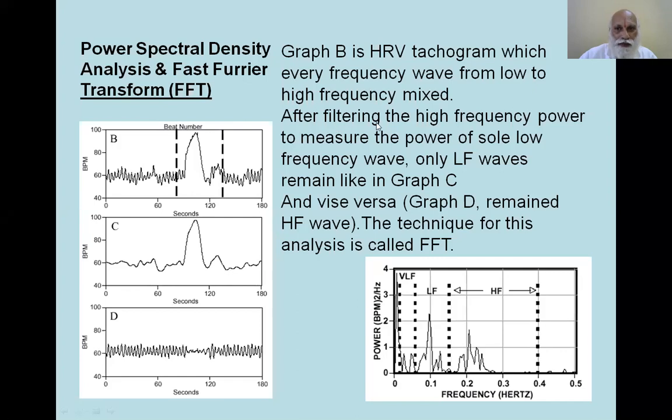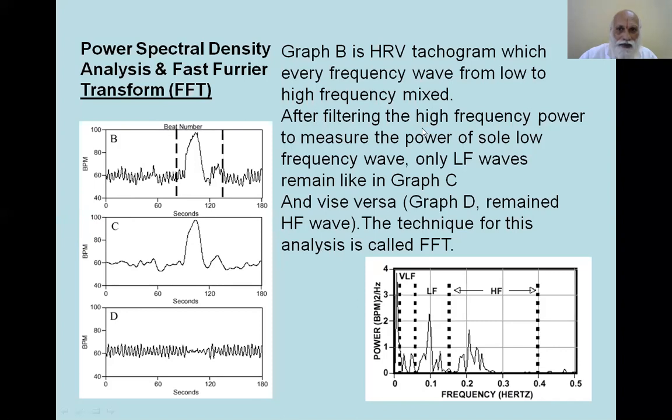Now, if you filter the high frequency power, then you get only low frequency. So what are you filtering? These are the high frequency waves, and they are all filtered. So you get the slow waves, and this is a fine slow wave, followed by this.